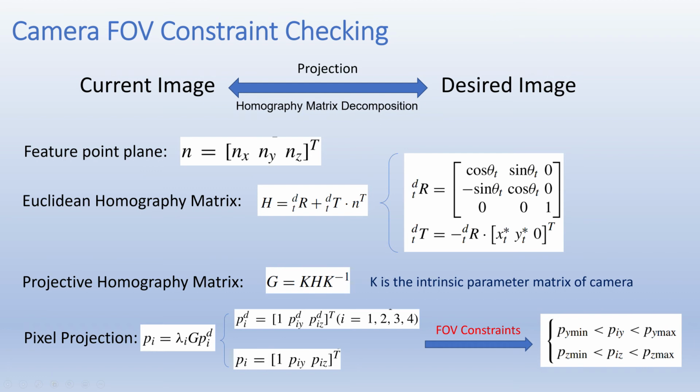And thereby, in order to keep the feature point in the field of view of the camera, we have to limit its conditions as PIY and PIZ, which are also the pixel coordinates of the point in the current image.